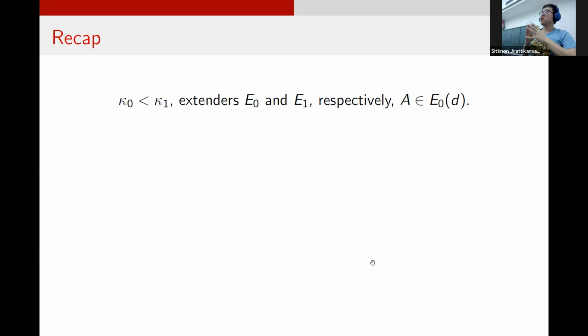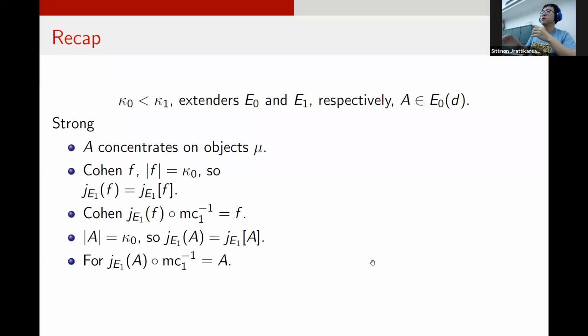And now, I want to compare between two large cardinals. So I have kappa 0, kappa 1. They are large cardinals. I have extenders E0 and E1. And let's say A is a measure 1 set in E0 of D. So A is going to contain objects, which are just some sort of functions.